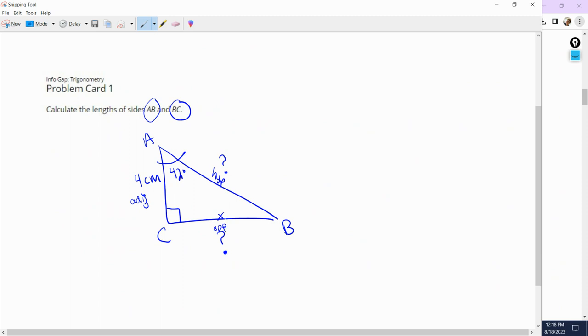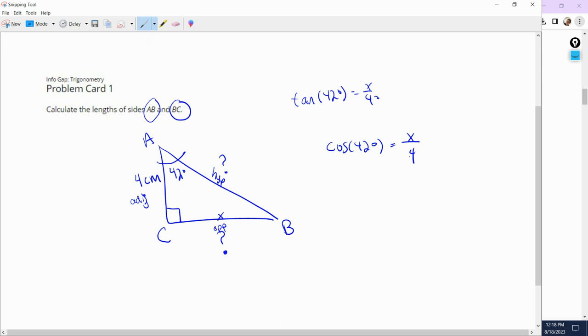If I'm going to solve for X, I'm going to use tangent of 42 is equal to X over 4. And if I'm going to solve for the hypotenuse, I'm going to use cosine of 42 is equal to 4 over X. And then you can go ahead and solve the question.